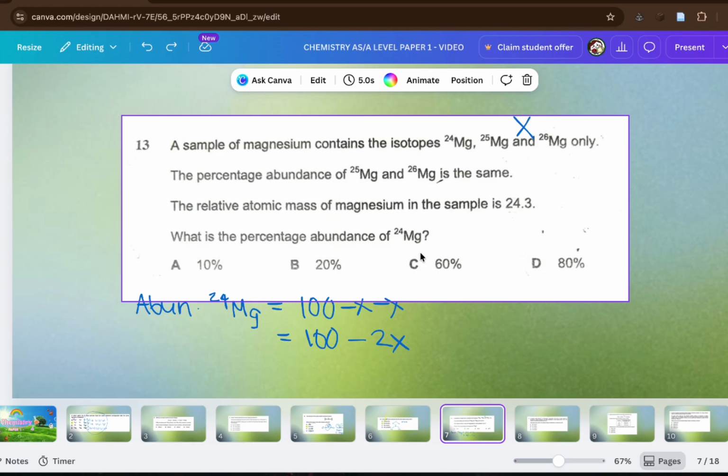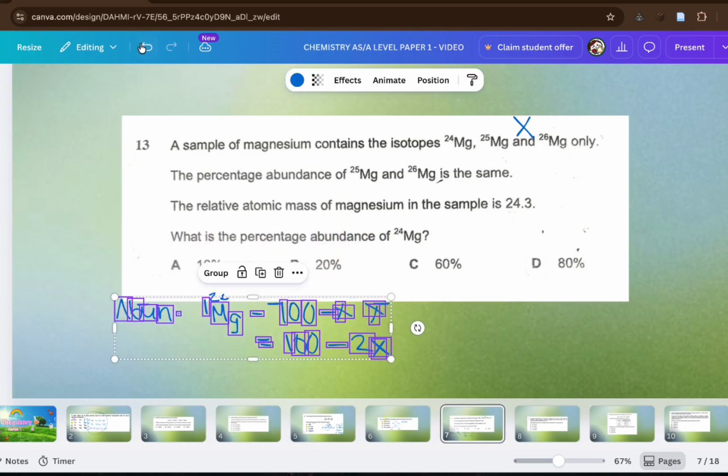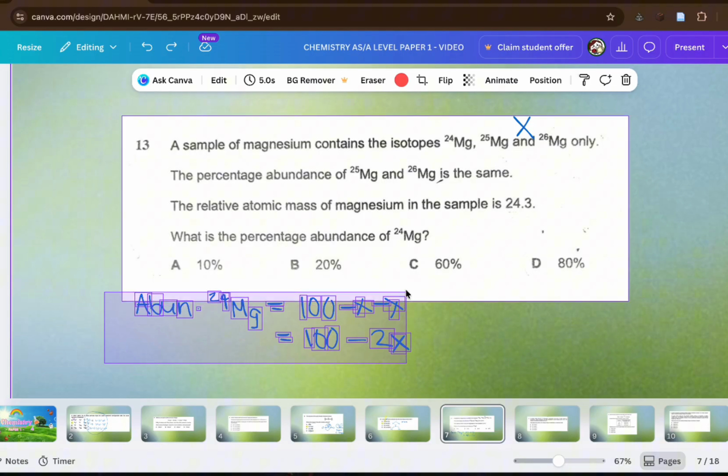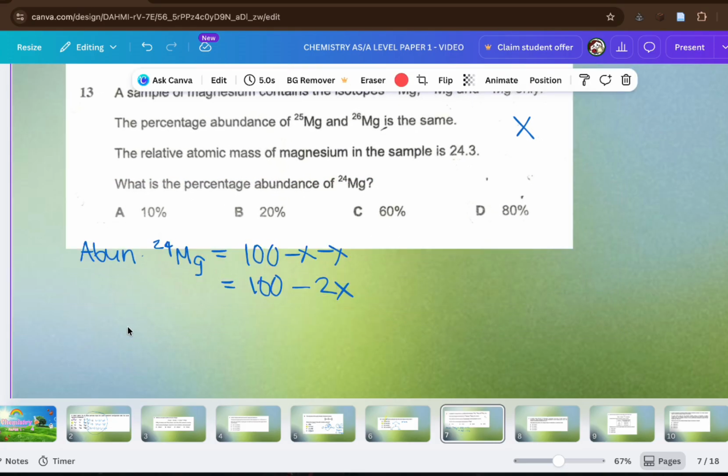Next, use the formula for relative atomic mass, which is AR.